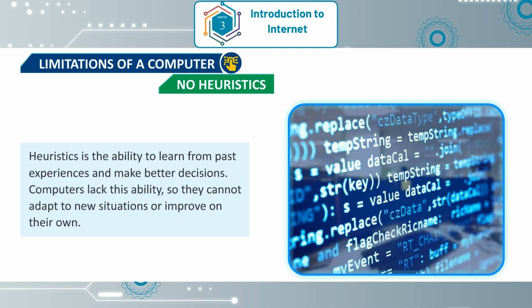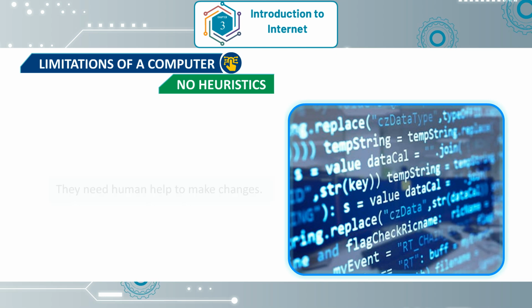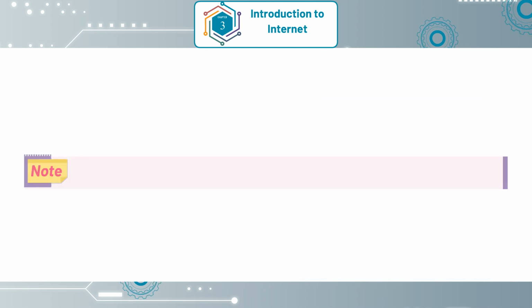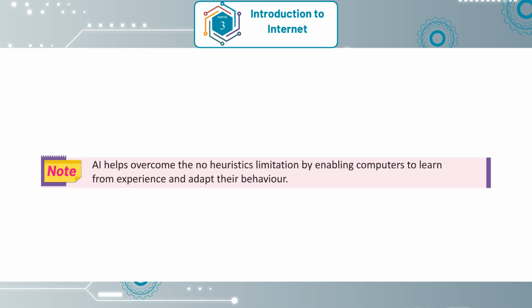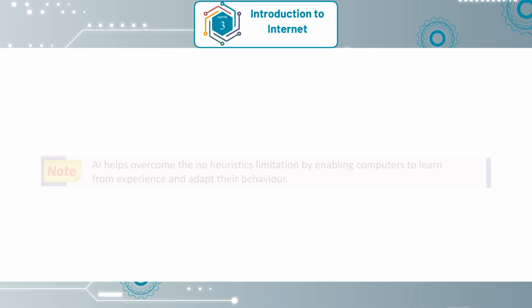Computers lack this ability, so they cannot adapt to new situations or improve on their own. They need human help to make changes. Note: AI helps overcome the no heuristics limitation by enabling computers to learn from experience and adapt their behavior.